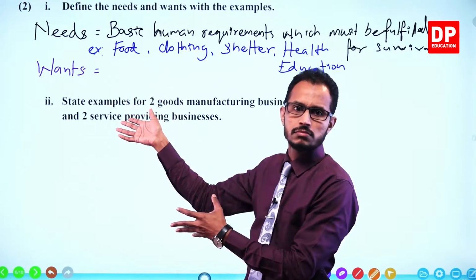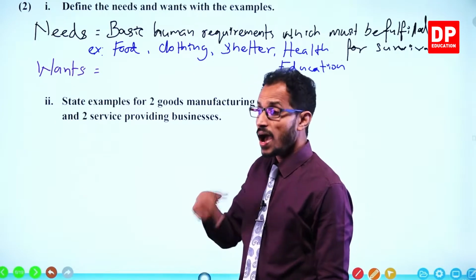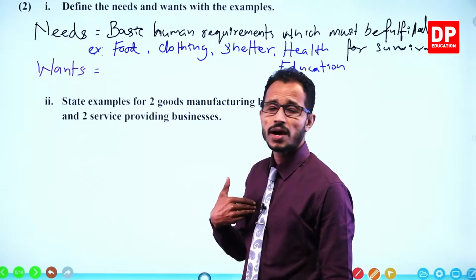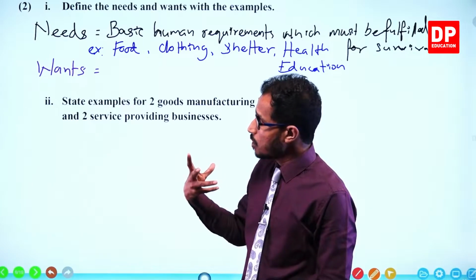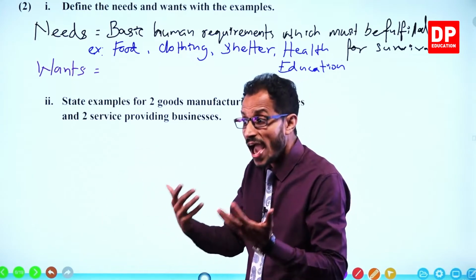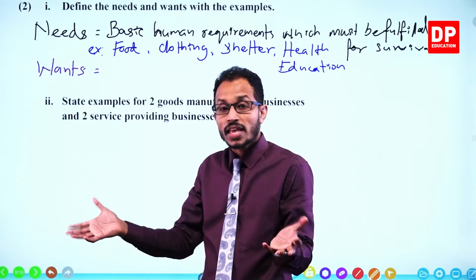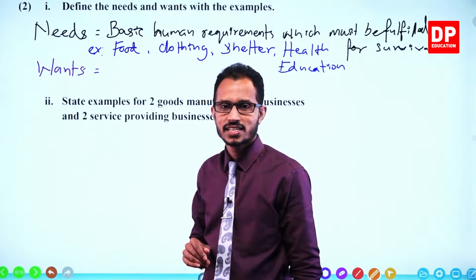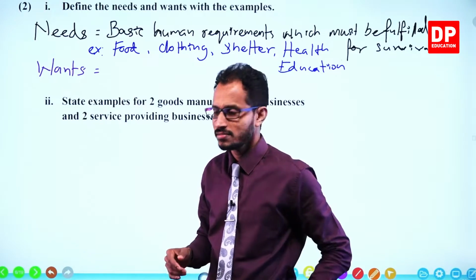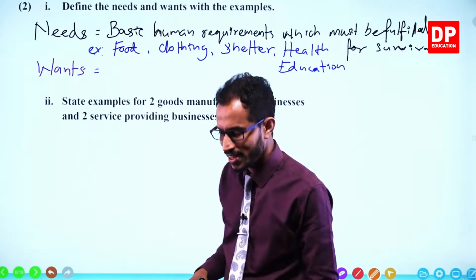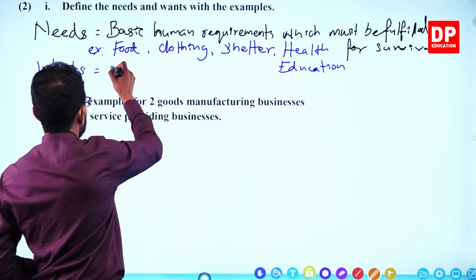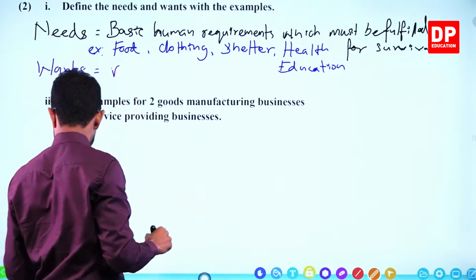That is correct, no problem. But the second one is my personal favorite: wants are the things that we like to have in order to satisfy our needs. So I'm going to stick with that. Okay. Various things.